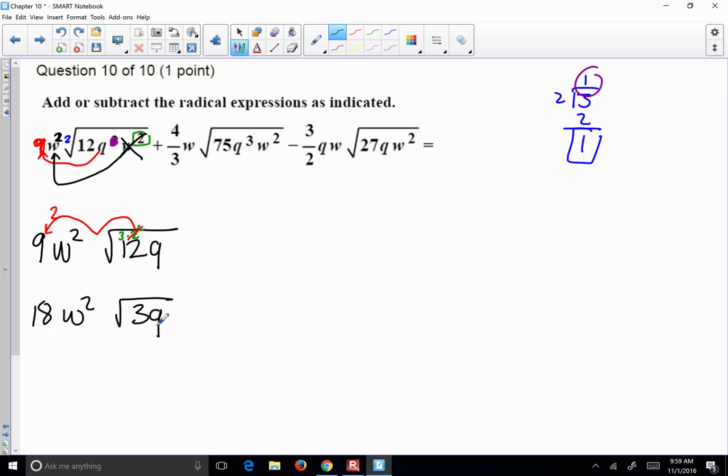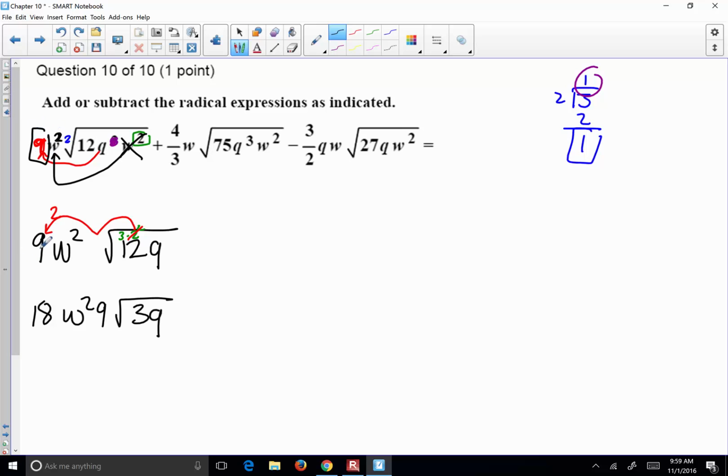Can you follow? Am I too fast? Again, 2 came out and joined to 9 and made 18. w came out and joined to w and made w squared. Where is the q? I forgot that, but there is a q here. Oh, I'm sorry.